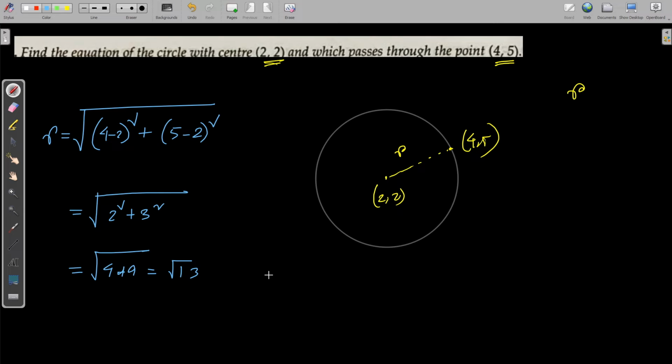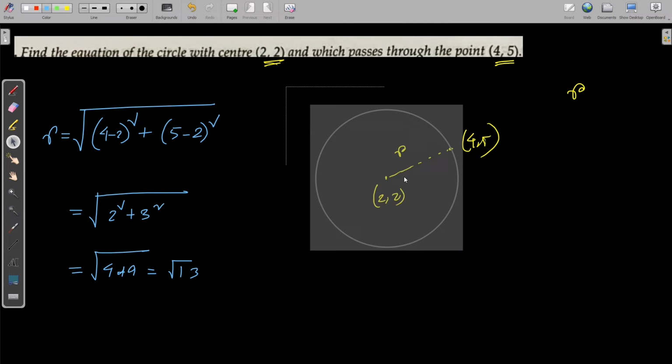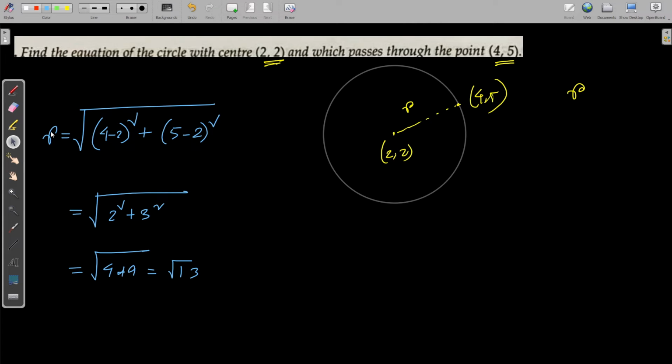Now we will simply use the central formula. Let's move it a little bit up. Yeah. So the central formula says (x minus h). h is what here? h is 2, k is 2. So (x minus 2) whole square plus (y minus 2) whole square equals r square. Now r is root 13, so r square will be simply 13. So let's break it down.